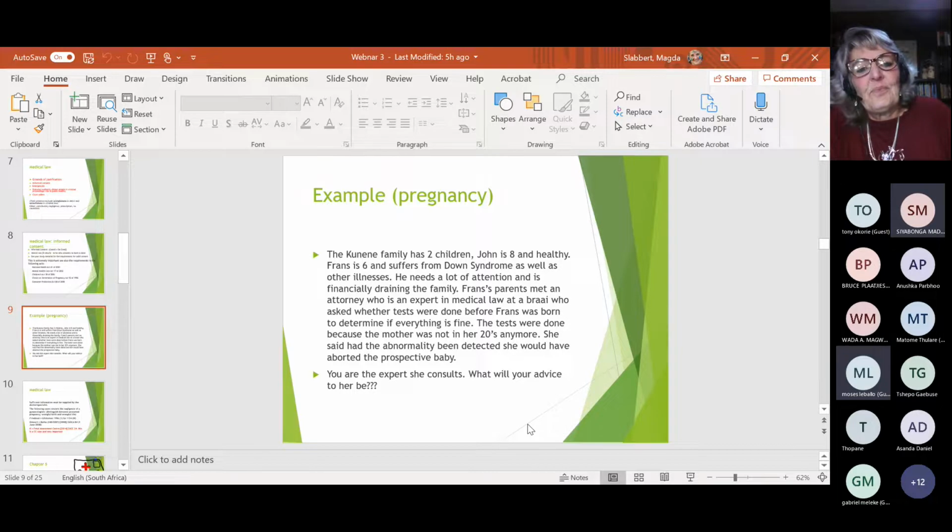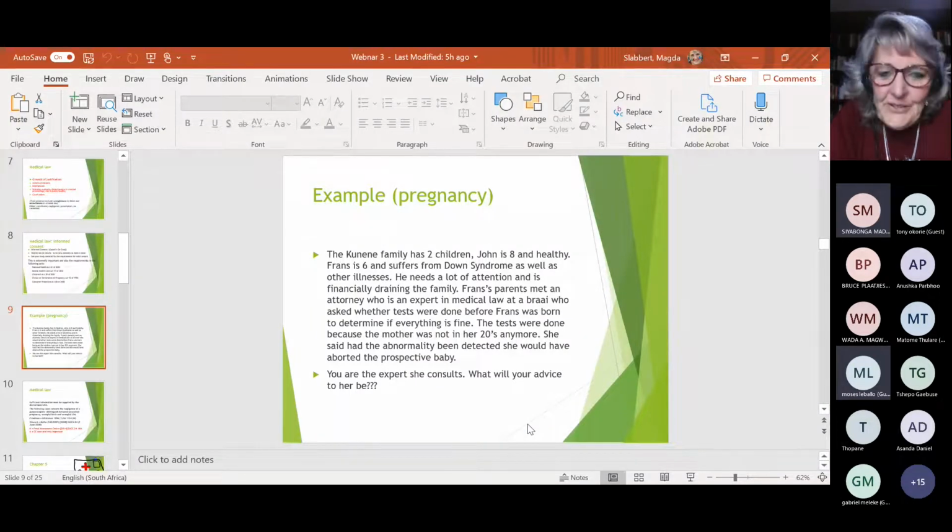Remember, the baby, Frans, who is suffering from Down syndrome, is 6 years old. Okay, so the first thing that you must realize is that because Frans is already 6, can you see that the parents cannot institute an action on their own behalf, because 3 years have already lapsed.